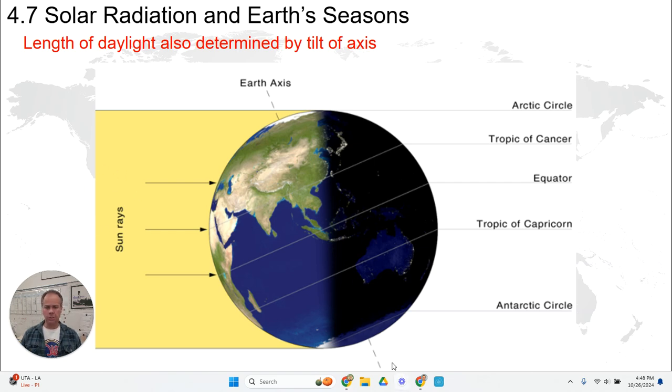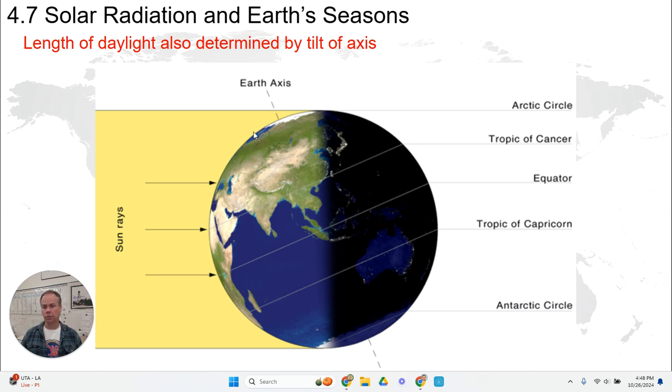If you think about the tilt of the Earth's axis, what season is this? In the northern hemisphere, this is summer. The northern hemisphere is tilted towards those incoming solar rays. And let's think about the very northern latitudes during the summer solstice.